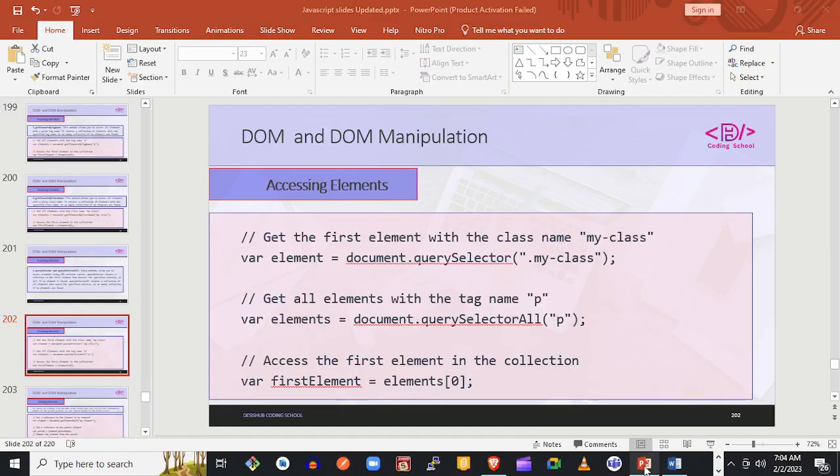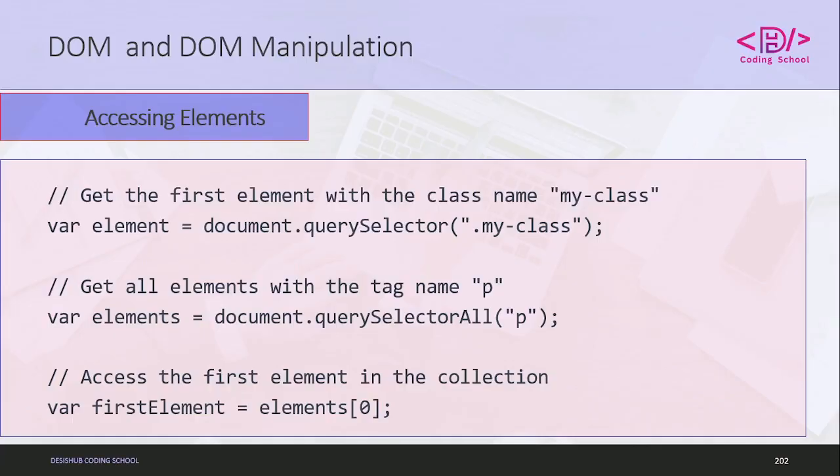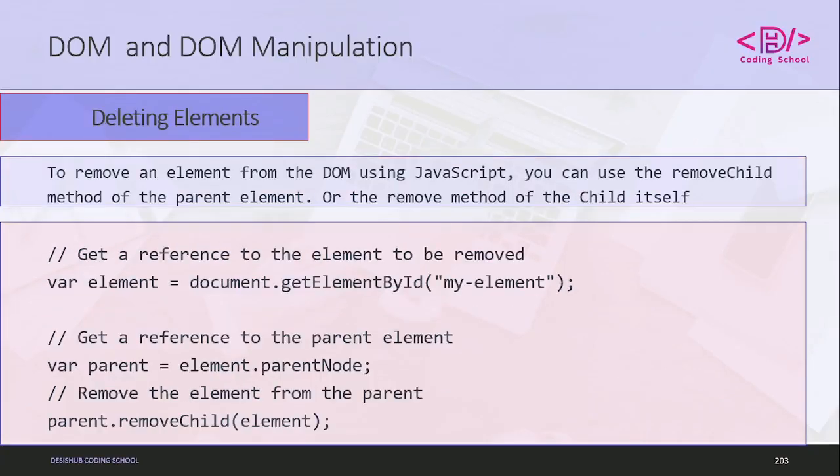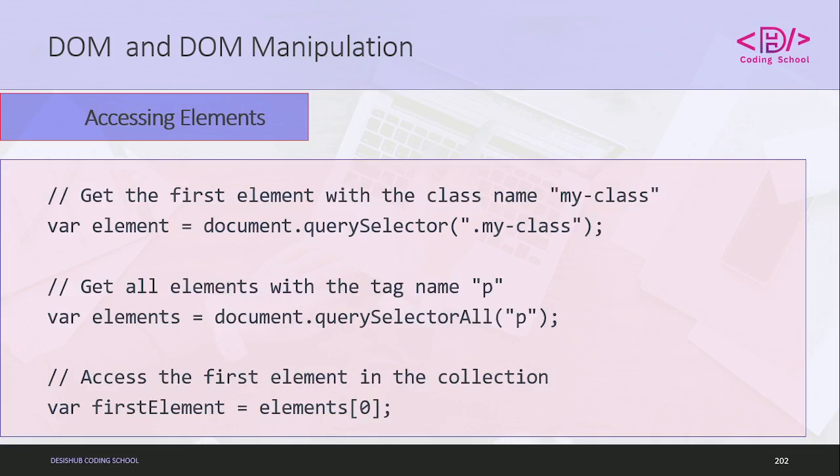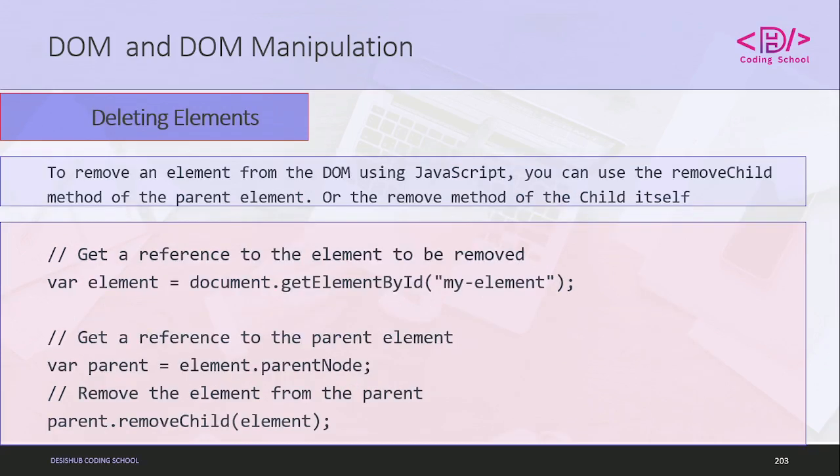So let's stick to that method. We are going to be using that one in accessing most of our things. At this point we have covered creating elements and accessing elements in the DOM. So let's go ahead and look at how we delete an element from the DOM.